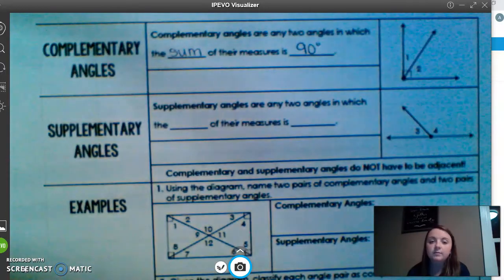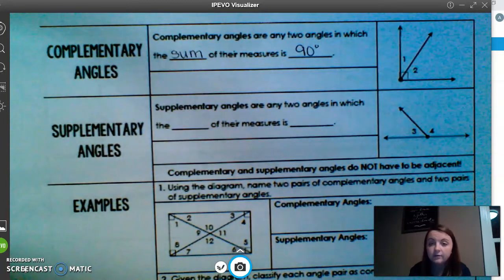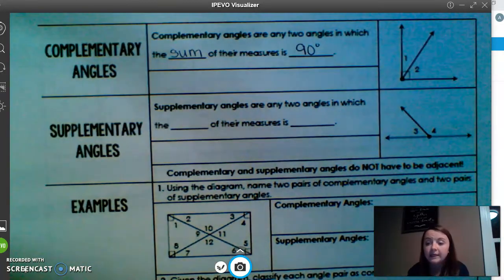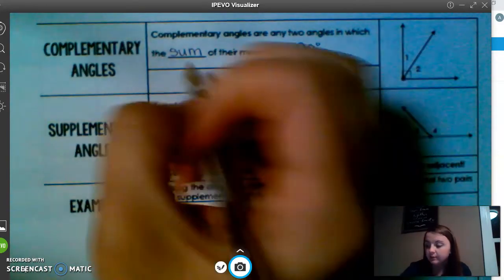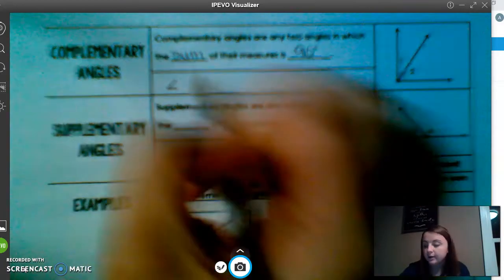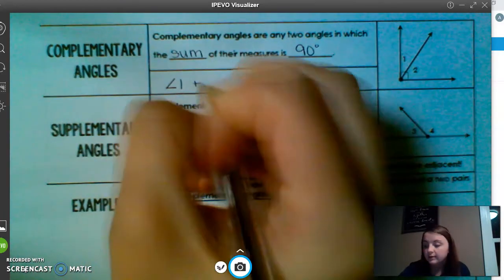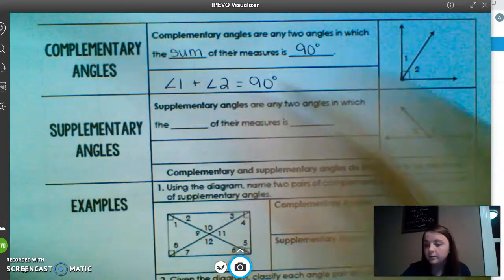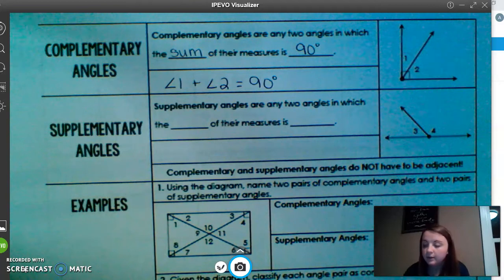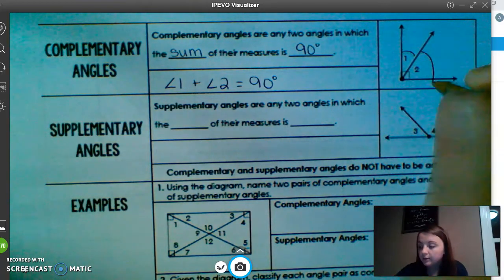And remember, sum means that you're adding. So if you add together the two angles, they'll equal 90 degrees. Those are complementary angles. So we would say here that angle 1, remember angle symbol looks like this, plus angle 2 equals 90 degrees.